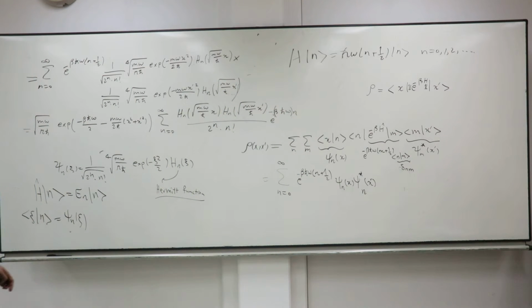We needed to know what is the sum of Hermite over 2 to the n n factorial, this.